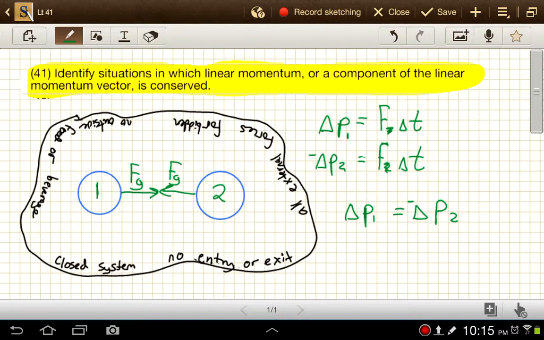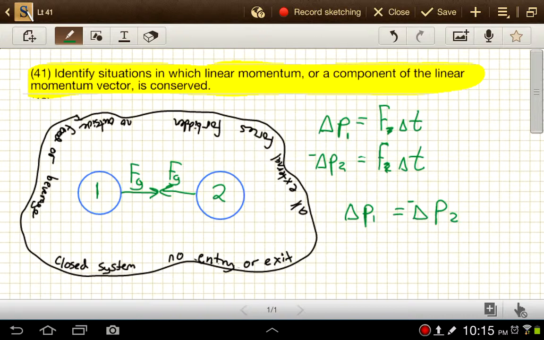What does this mean? It means that when object 1 gains momentum, object 2 loses the same amount of momentum. Or when object 1 gains momentum in one direction, object 2 gains momentum in the opposite direction.